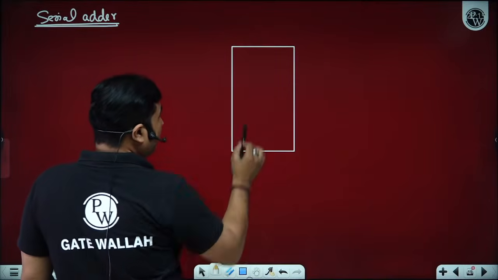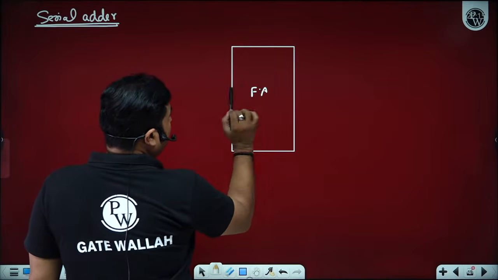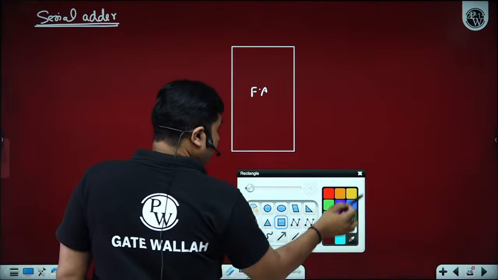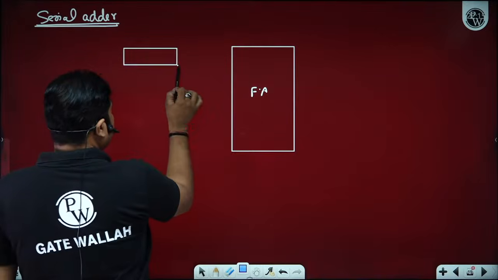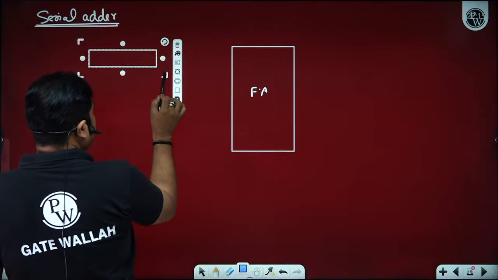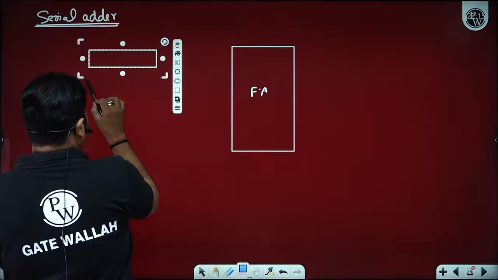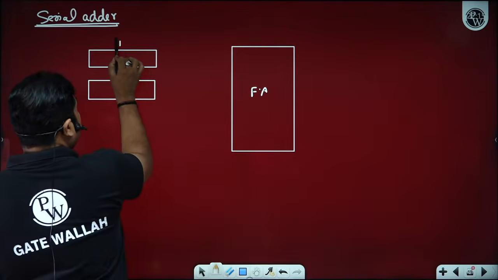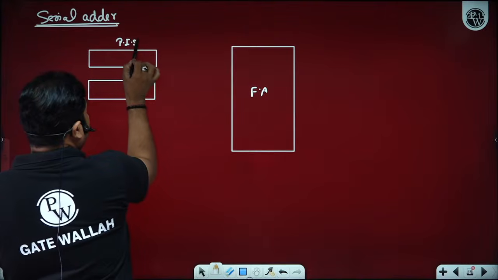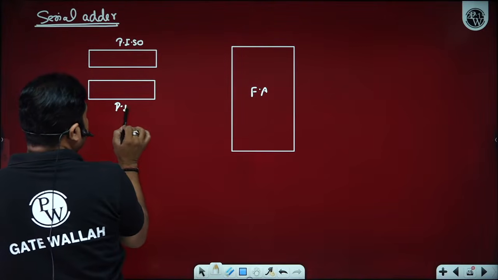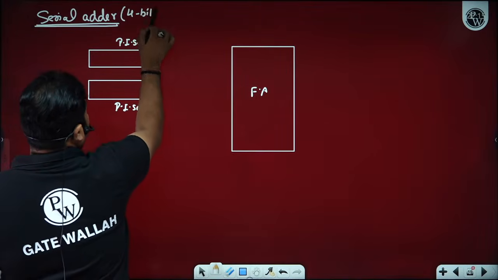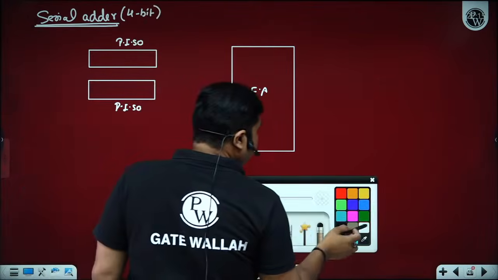So here we have one full adder, and we all know about full adder. And we need two shift registers. These registers are parallel in serial out registers, basically PISO and PISO. Suppose I am going to design a 4-bit serial adder.